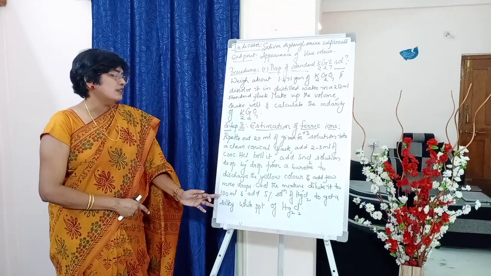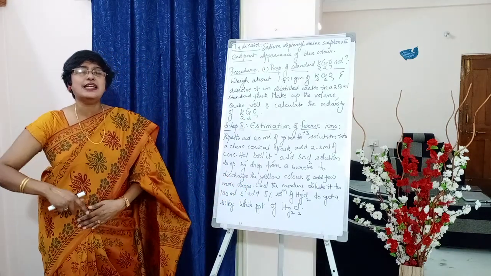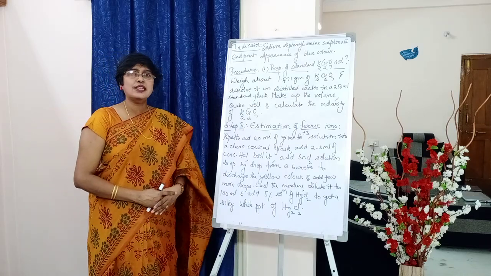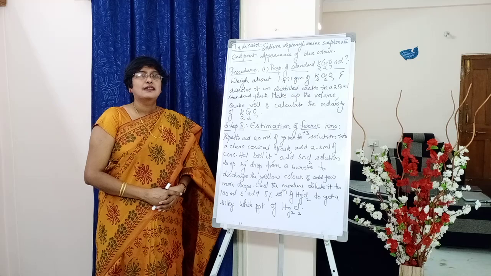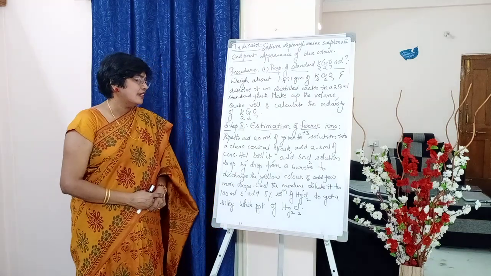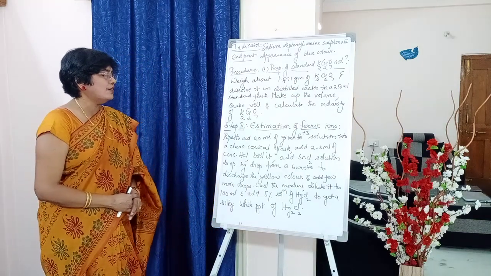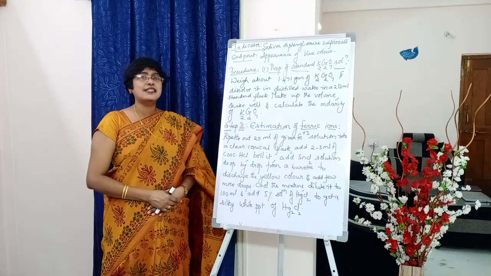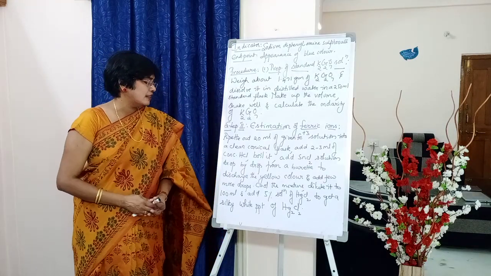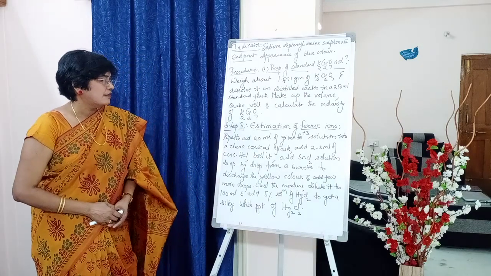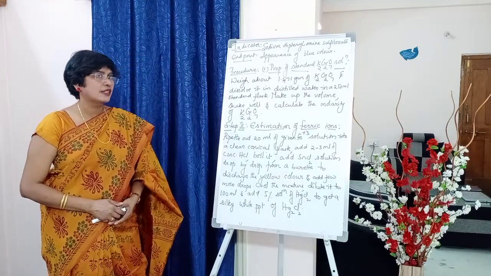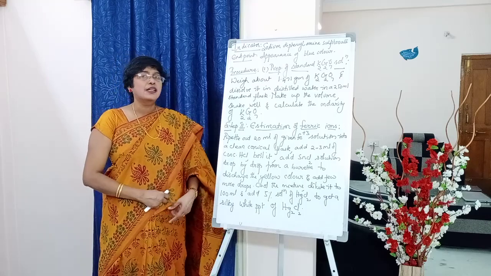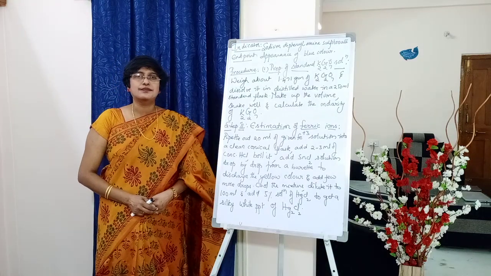Dilute it to 100 ml, which means we need to add water. Okay, students, are you following? Yes. Then add 5% solution of HgCl2. You can write in the brackets mercuric chloride, to get a silky white precipitate of Hg2Cl2.